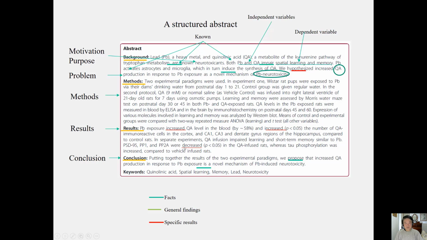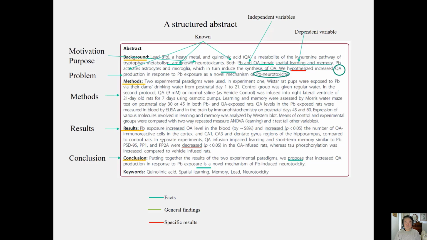This is the passive tense. Then these are increased in this model. So therefore, in the results, they will tell you what is increased, or what is decreased, what is inhibited, or excited. So this is called the results.